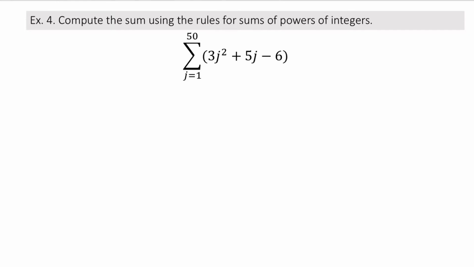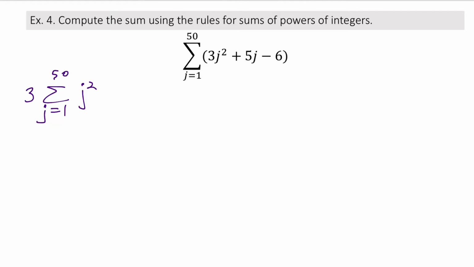So now let's do a more complicated sum. It's got 3 terms. We're going to use our rules again. First I'm going to break it into 3 separate sums so that I can add those up. The first piece would be the sum from j equals 1 to 50 of, put the constant out front, as the properties say we can do, of j squared.